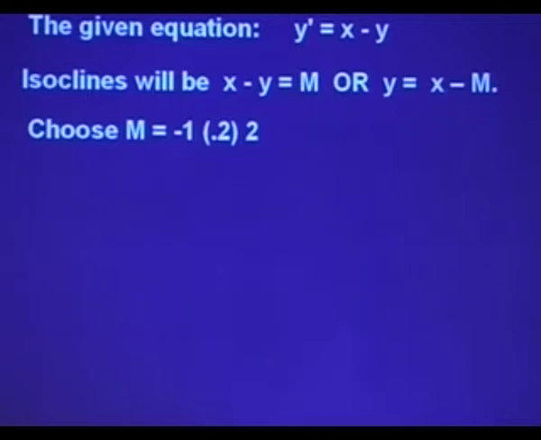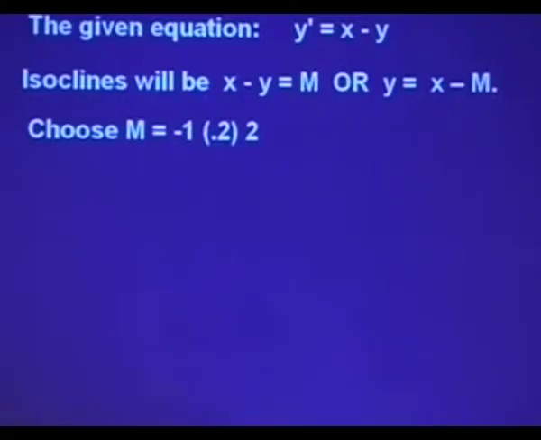We have to do a little bit of experimentation so that, whatever the range given to us, that is x from 0 to 2 and y from -1 to 1, we choose all those m's such that we could cover the complete field. After a little bit of experimentation we find that we will choose m from -1 to 2 with an increment of 0.2.